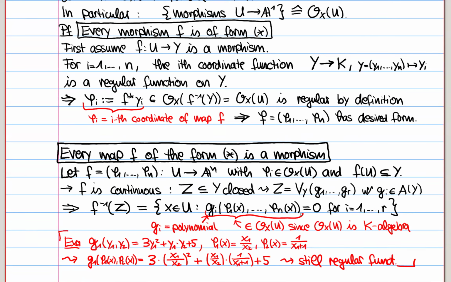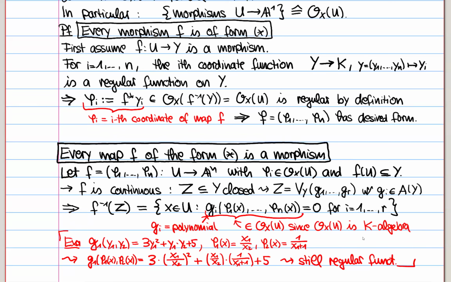Now, here comes a subtle thing. So the g_i are polynomials in the coordinates on Y. And all of these functions here are in O of U. And I claim that if you take a bunch of regular functions in O of U and plug them into a polynomial, you still get something in O of U. And the reason is that O of U is a K-algebra.